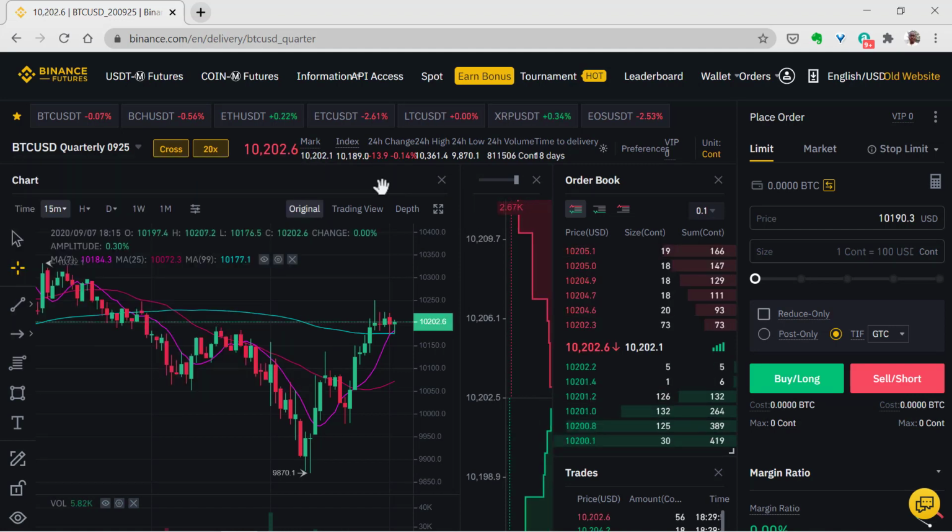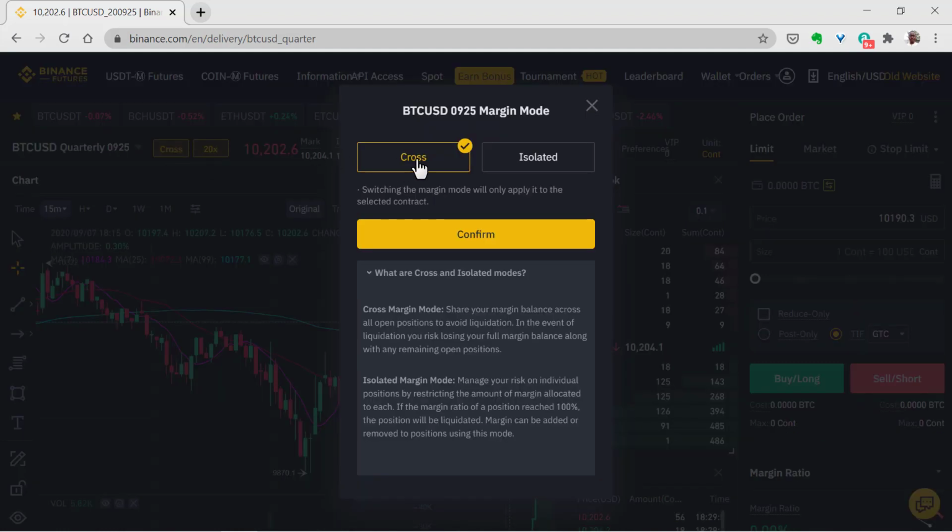So here we have your leverage settings. You can select either between cross or isolated margin modes. So for the cross mode, you basically share your account balance across all your open positions, and that helps you avoid liquidation.